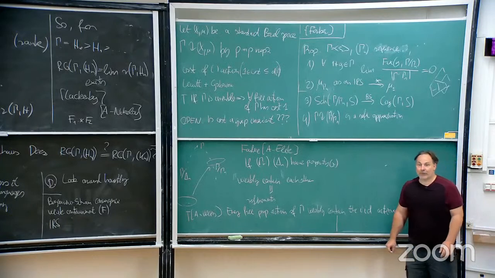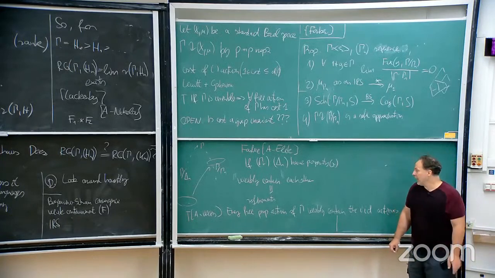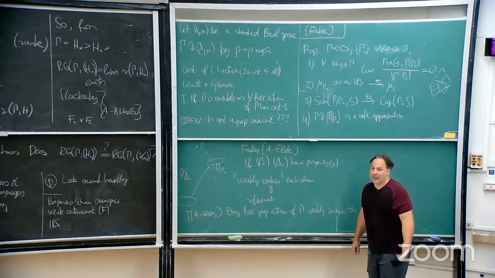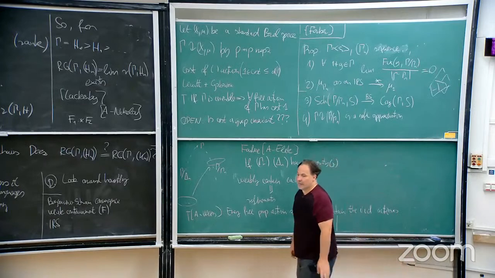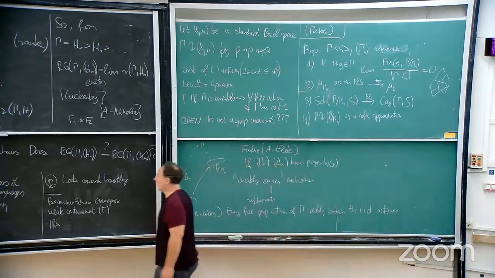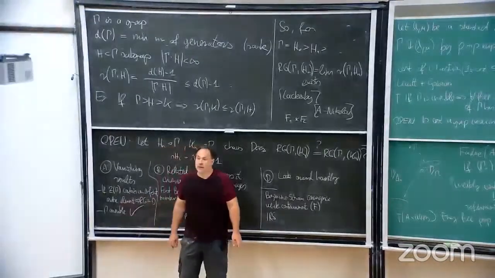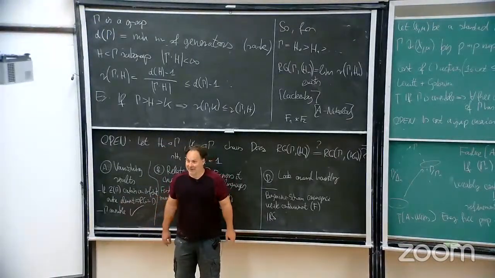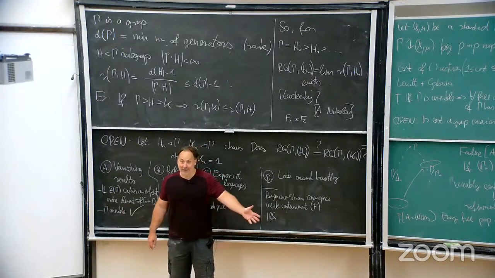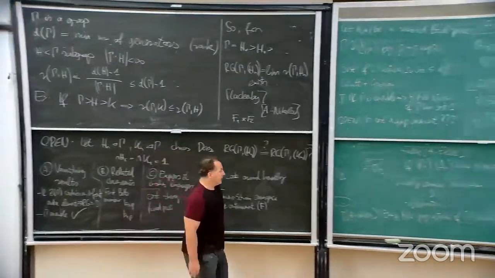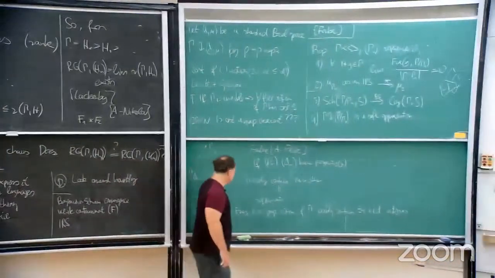Because Kechris proved that cost is monotonic for weak containment, this implies that the cost is maximal on the IID actions. So the Bernoulli actions, the non-trivial IID actions, have maximal cost. So if you want to prove vanishing of cost, it's enough to prove it on the nicest action, the most natural action from the ergodic point of view. Okay? And that's a nice theorem, and I really like it.